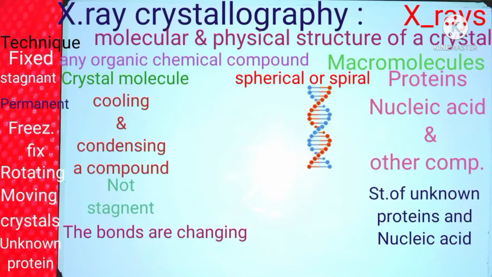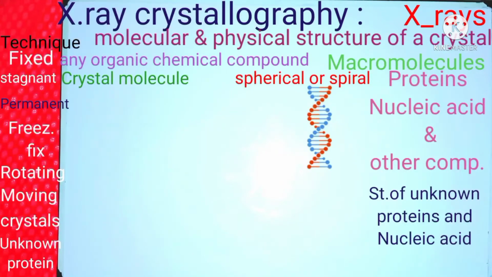From the beginning to the end of the experiment, we use the same region of the same atoms that are present in the same region of that crystal. So it is very easy for us to identify that target molecular structure. But for those types of molecules which we cannot convert into crystals, we cannot use X-ray crystallography.